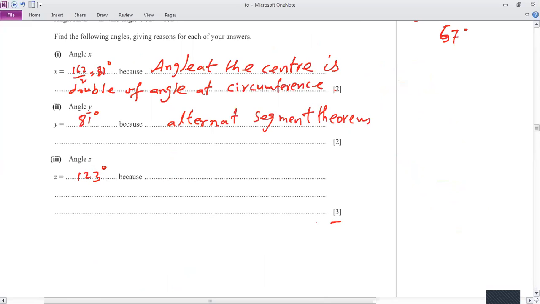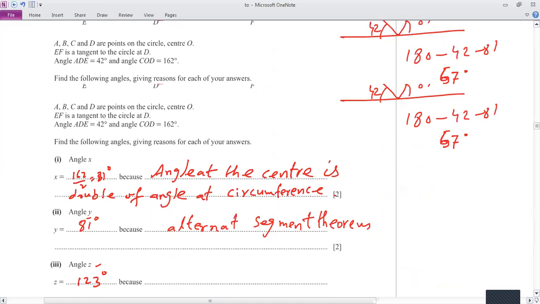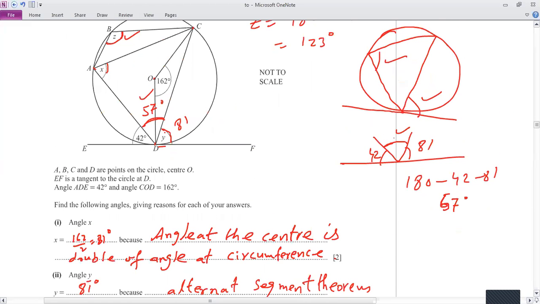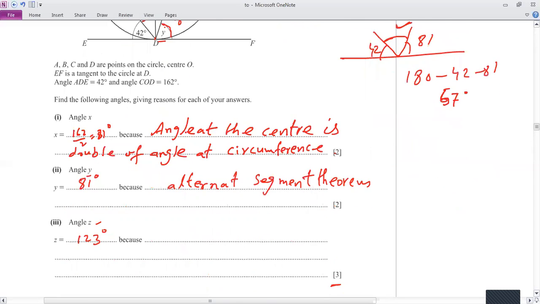It is 3 marks, so there will be 2 reasons: 1 mark for the answer and 1 for each reason. First reason: you found this angle. How did you find this angle? You found it using the angles on a straight line property. So you will say angles on a straight line equal 180.